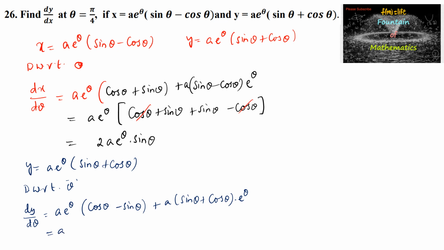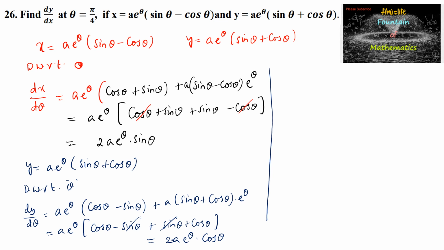So we can take a e power theta common, write cos theta minus sine theta plus sine theta plus cos theta, which is equal to, sine theta gets cancelled, 2 cos theta, that is 2a e power theta into cos theta.